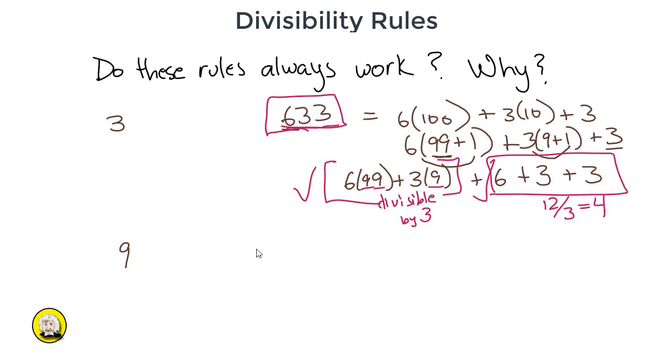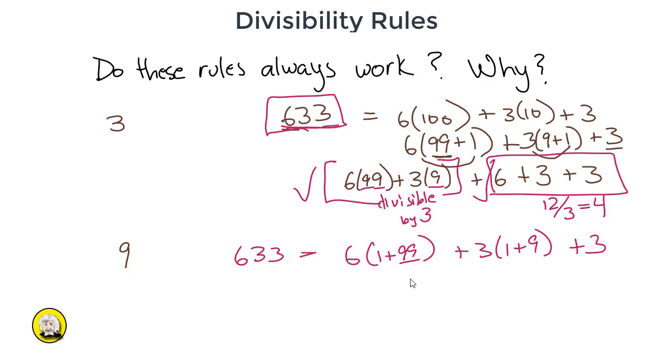Well, it effectively works the same way. Let's try the same number again. 633. In this case, it's 6 times 99 plus 1, plus 3 times 9 plus 1, plus 3, the exact same approach. And I know 99 is divisible by 9, the way I set up my factoring, and 9 is divisible by 9.